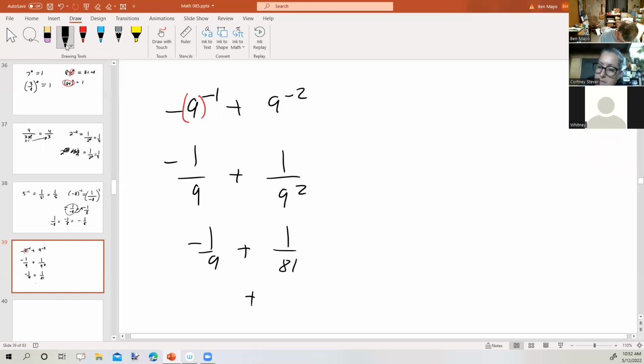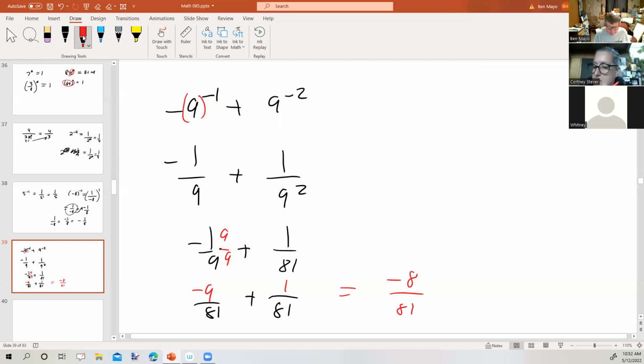But the common denominator there would be 81. So we'd multiply the first one by 9 over 9 to get negative 9 over 81, plus 1 over 81 is negative 8 over 81. Okay with this? A lot going on there, I know.